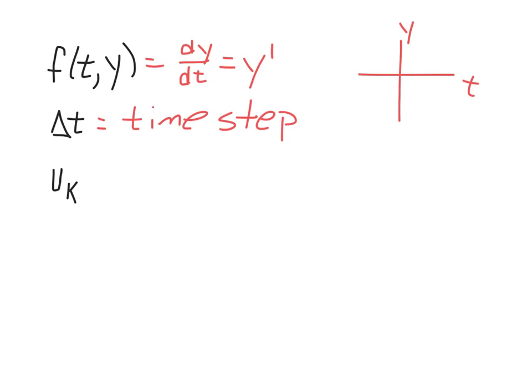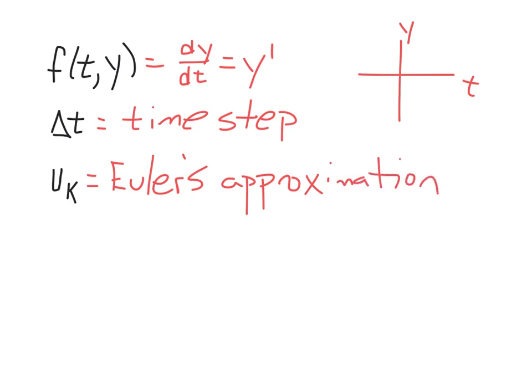And this u sub k is just going to be Euler's approximation for whatever step you're on, for step k here.